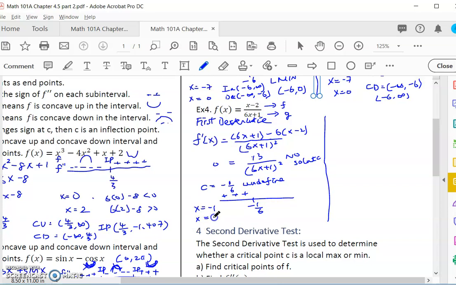When x is equal to 1, still positive because your denominator is squared. So it's always increasing. So you would say increasing from negative infinity to negative 1/6, union negative 1/6 to infinity. No decreasing, no local max or local min.